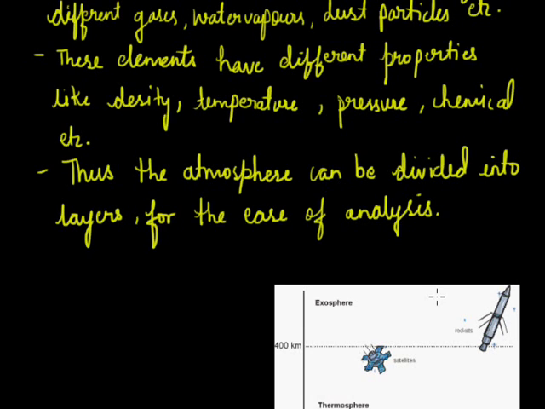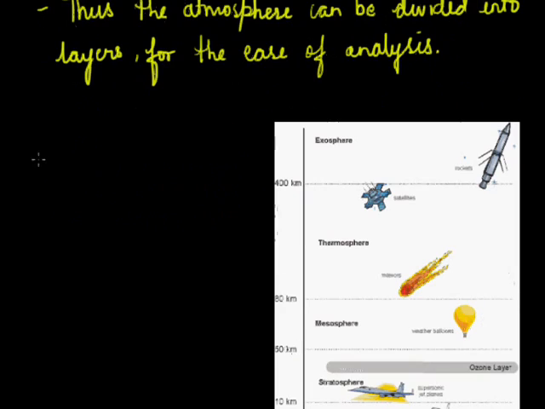So the division is very rough and the boundaries are not sharply defined, but still we are able to detect the different properties that different layers carry, and we have divided them into different layers.